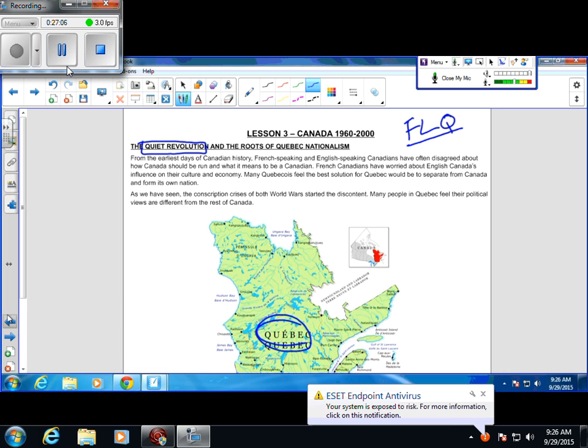As we recall from World War One, there was a lot of conflict with the French Canadians as they didn't want to commit to going to war. They had different beliefs and values compared to the English Canadians. The French-speaking and English-speaking Canadians often disagreed about how Canada should be run and what it means to be Canadian.